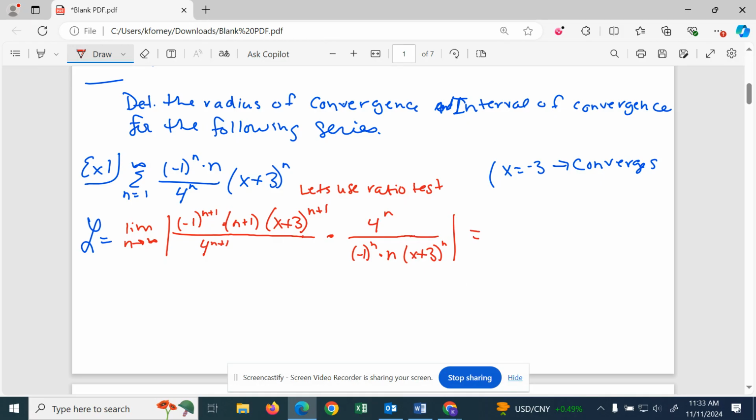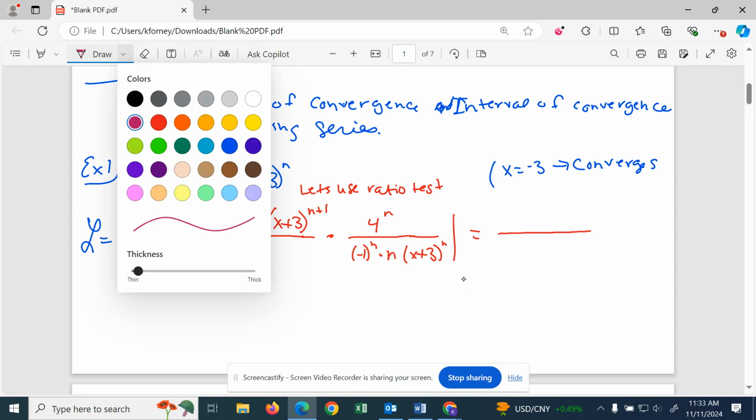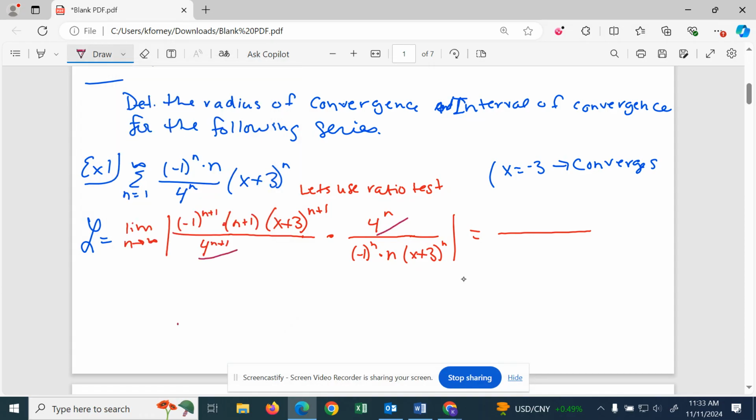Okay, so we're going to do a lot of simplifying here. The 4 to the n will cancel, and that'll leave us with a 4. The negative 1 to the n will cancel, and that'll leave us with negative 1 to the first power, which is a negative in the numerator.